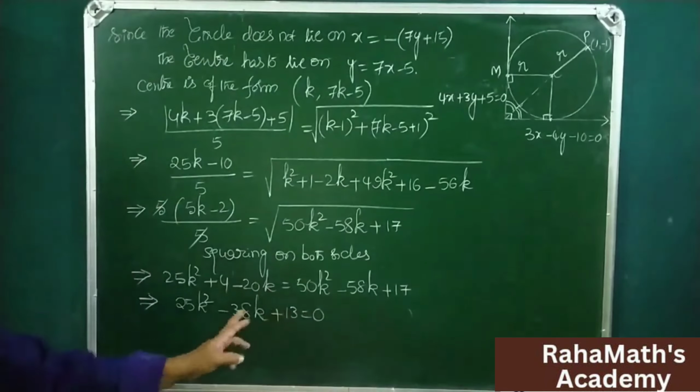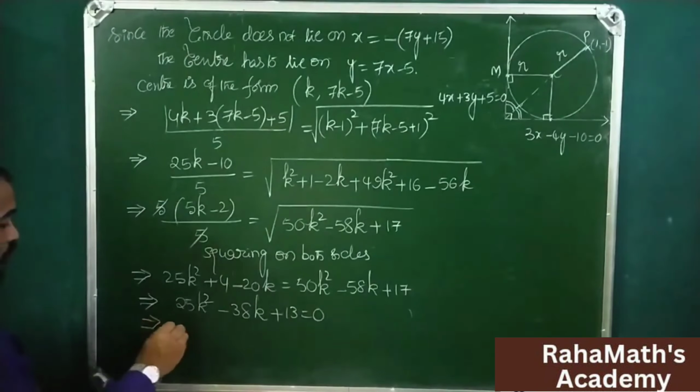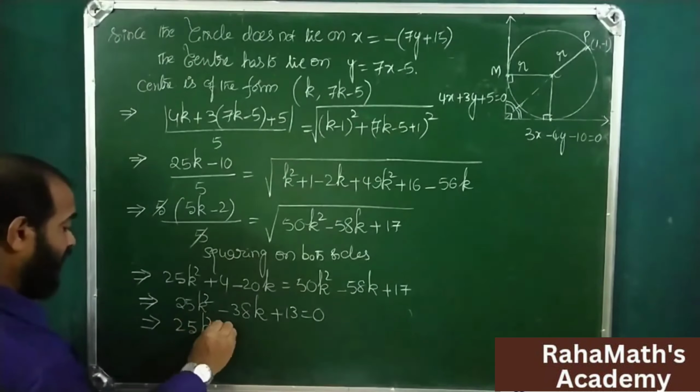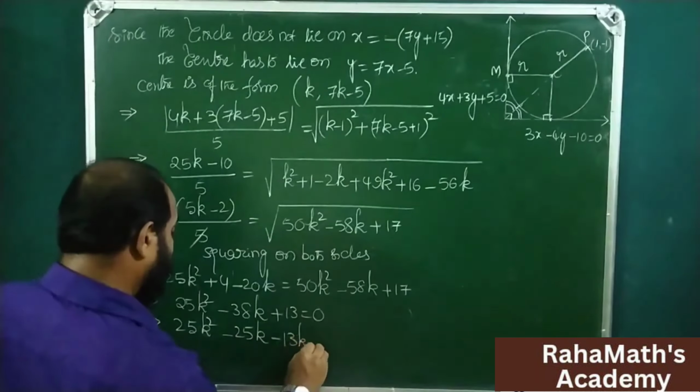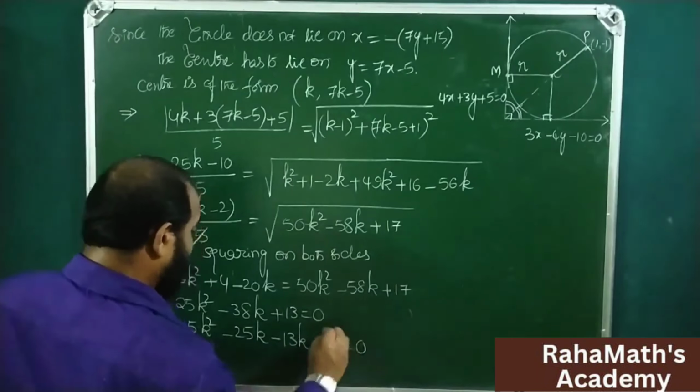This is a quadratic equation in terms of k again. So the roots of this: 25k square minus 25k minus 13k plus 13 equals 0.